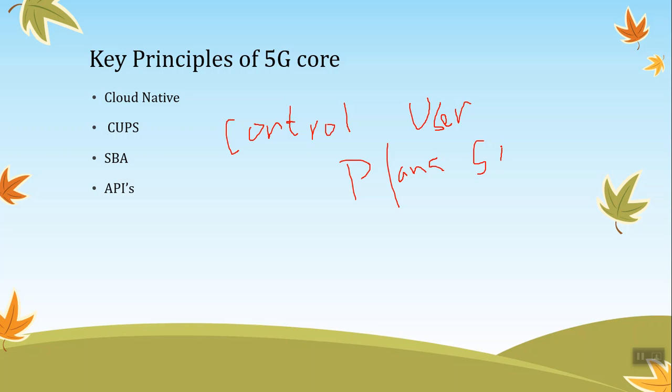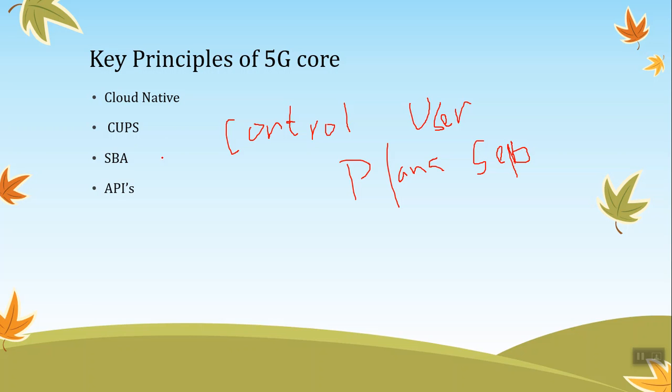We will talk about this, what this means, in our upcoming lessons. I will introduce you more thoroughly to what this means and how they have achieved these things in the 5G architecture. So CUPS means we separate the control plane and the user plane.